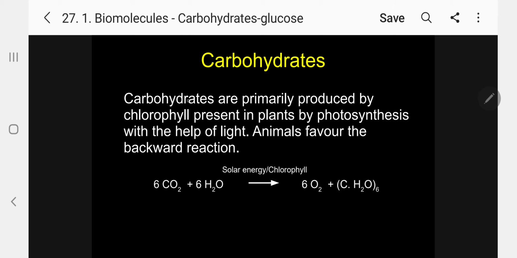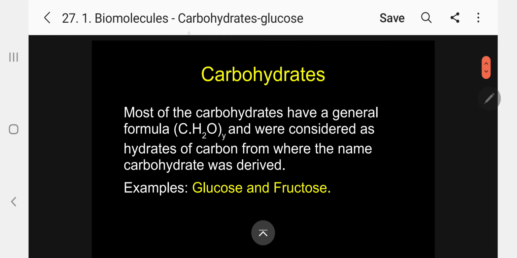Kindly follow. Now, most of the carbohydrates have a general formula Cx(H2O)y, where x and y can be any number starting from 1, 2, 3, 4 like that. Kindly follow.